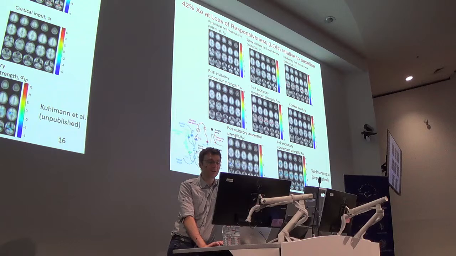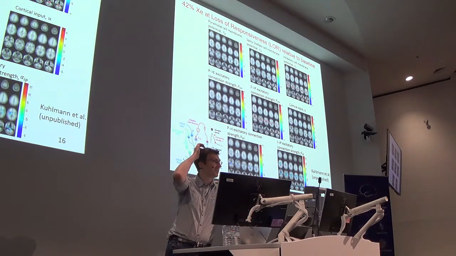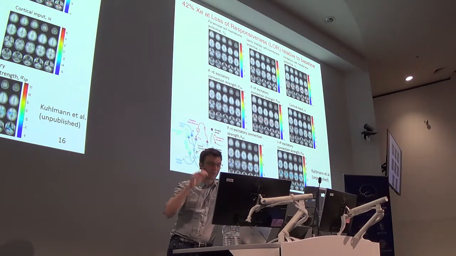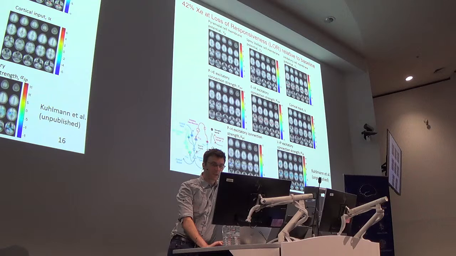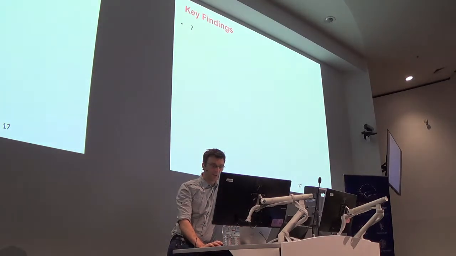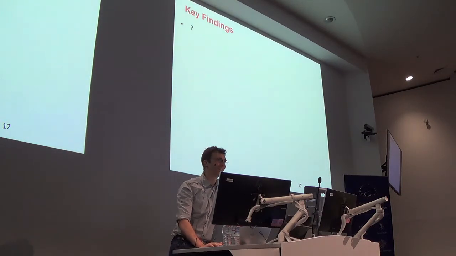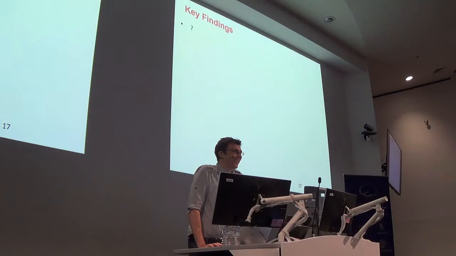We're trying to develop a method that helps us to image this in humans, so it's probably more practical to figure out experiments to validate this in animals. So this is work in progress. I thought I'd leave this as a question mark rather than telling you anything useful.